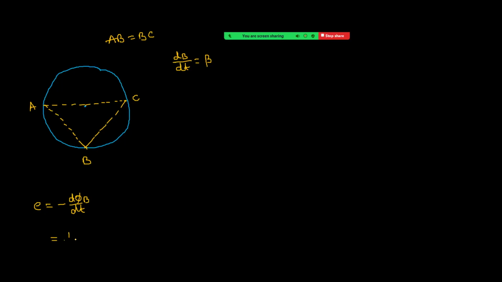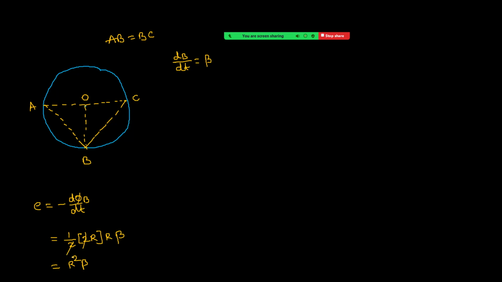Area is half base into height. Base is R and R, so 2R. Let me take the center as O. So OB gives the height, which is equal to the radius, into dB by dt, that is beta. Cancelling, it is now R square beta. So it is very simple and direct.